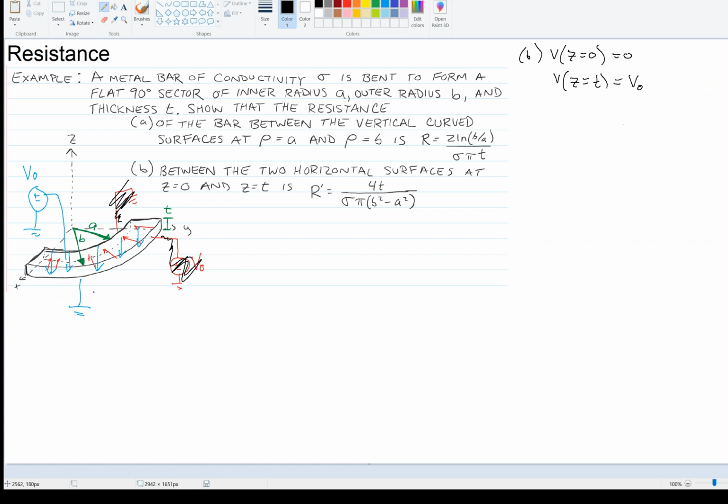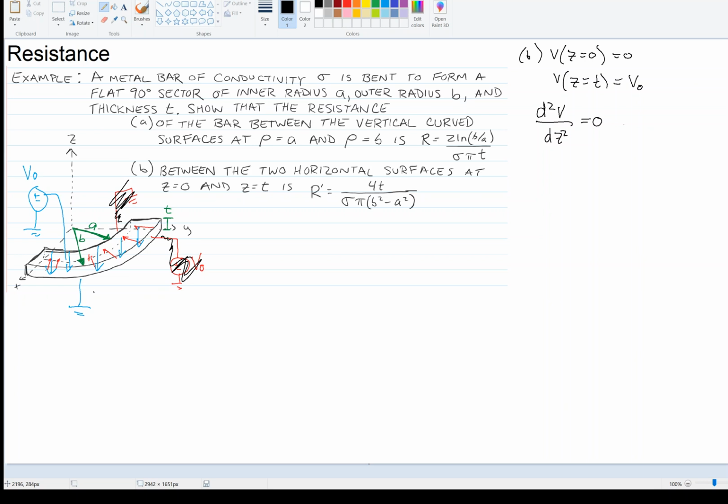So the potential is going to vary and the electric field is going to vary in the z direction now, because we're talking from z equals t to z equals 0. So Laplace's equation in one dimension in cylindrical coordinates just becomes d squared V dz squared equals 0. That's real nice. And you might notice that I've written derivatives instead of partial derivatives because we only have one variable, z.